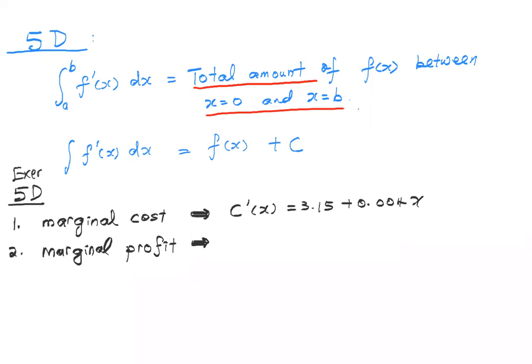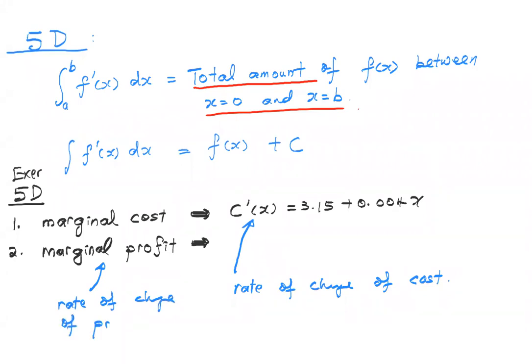I will interpret it mathematically as the rate of change of cost. Am I right? So marginal profit will be the rate of change of profit. So I can apply this.